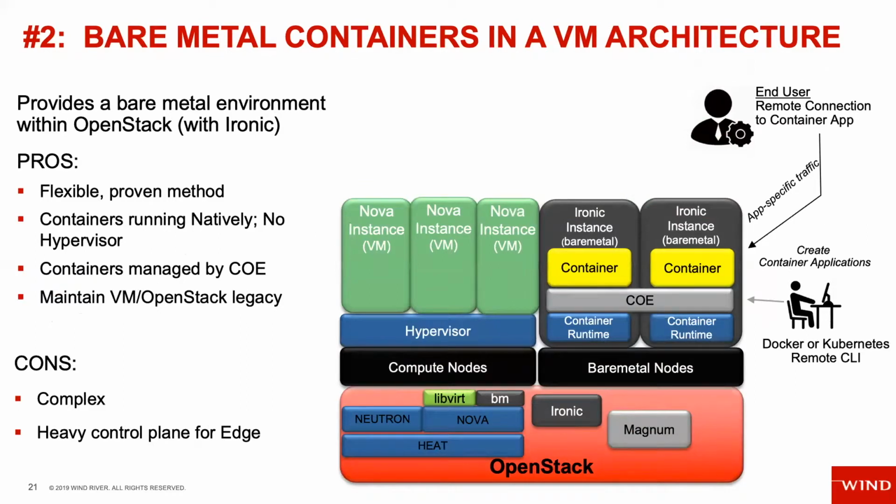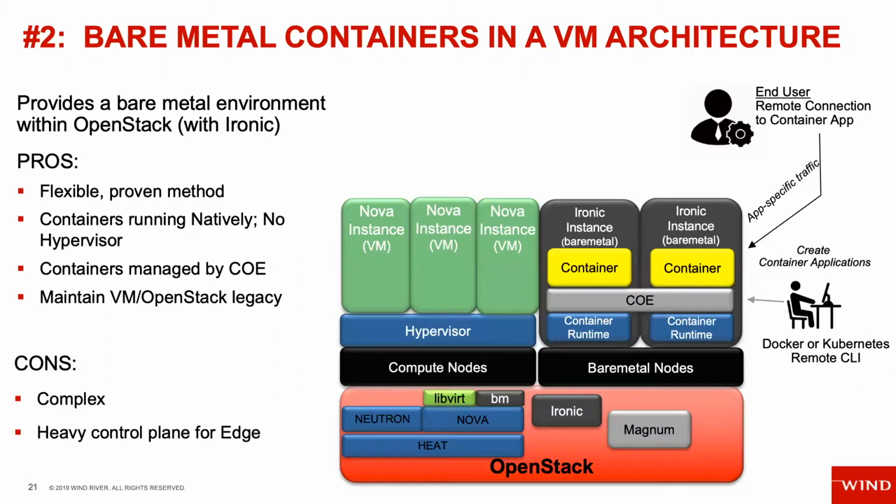Now, slightly different from this is the bare metal containers in a VM architecture. So this is really using the OpenStack Ironic technology, as well as some other OpenStack services such as Magnum. Now, the difference here I want to point out is that these are actually two separate nodes.